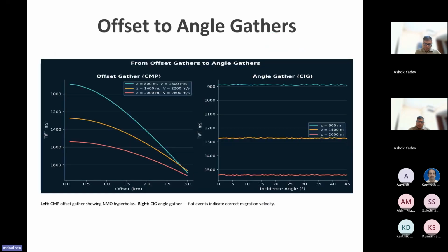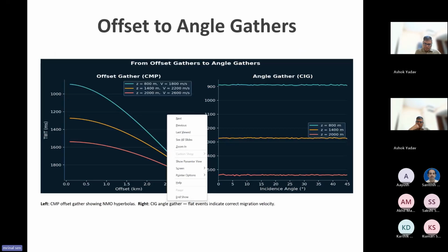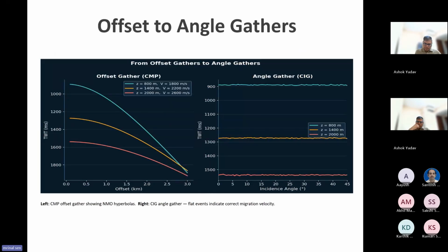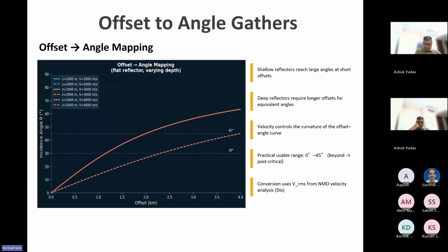So here, let's say that I have the offset gathers for different layers with different velocities. And the first thing we do is apply NMO correction, and then we get to these angle gathers. Okay, so here I plot this as a function of angle. Now, the way you do this offset to angle gather is essentially from this kind of a table. Okay, so shallow reflectors reach large angles at short offsets.